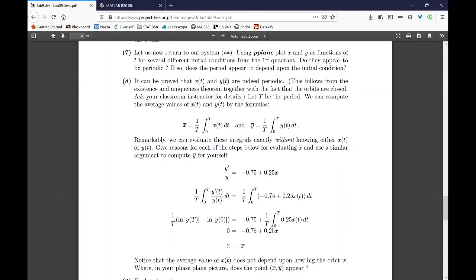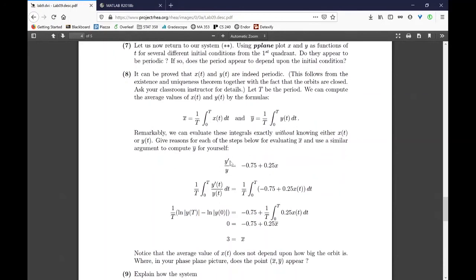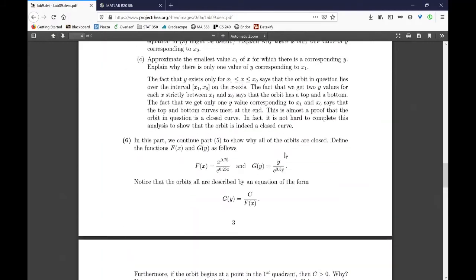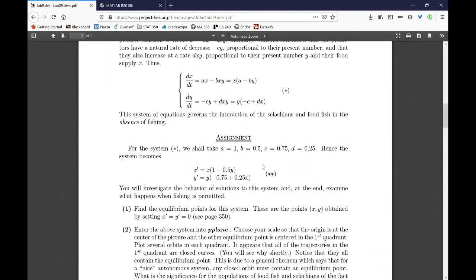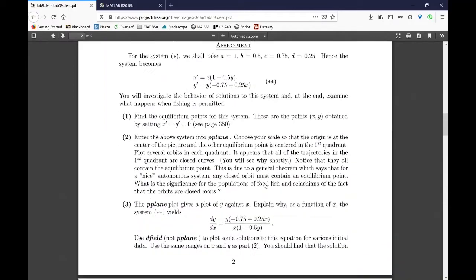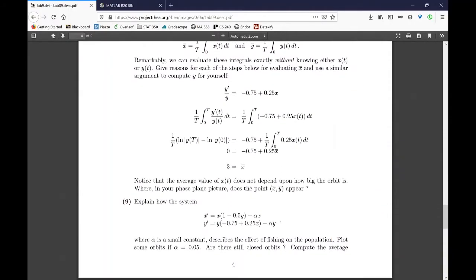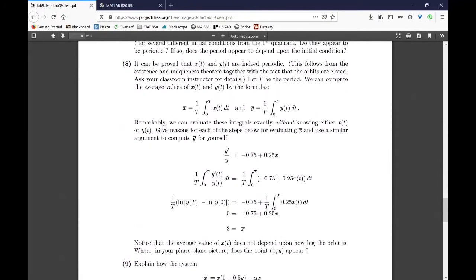So what we can do is use our original equation, right? If you recall from the top here, y prime is equal to y times negative 0.75 plus 0.25x. And by dividing both sides by y, we get this equation. Then we take the average of both sides, right?